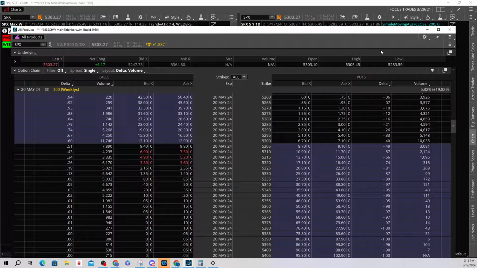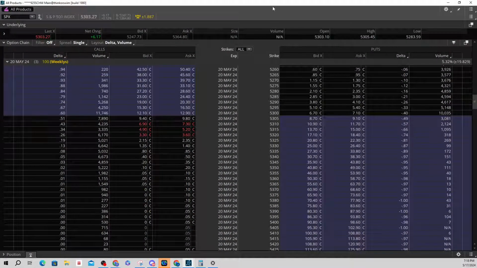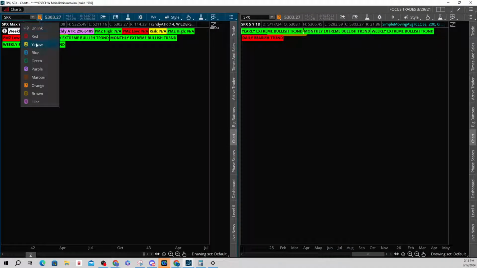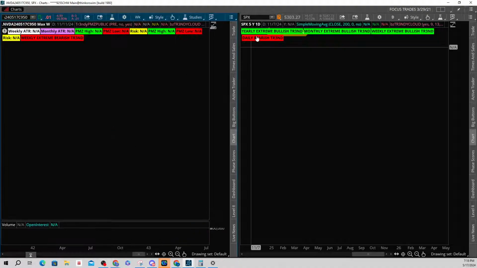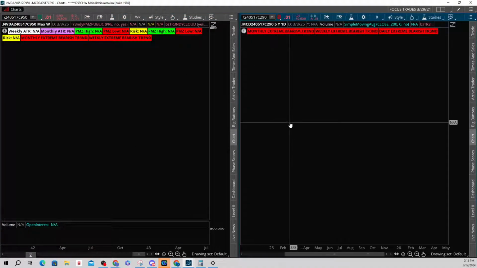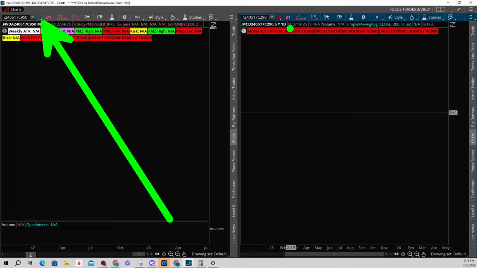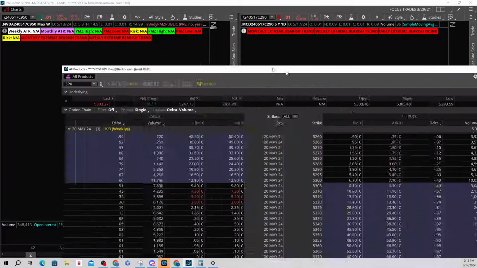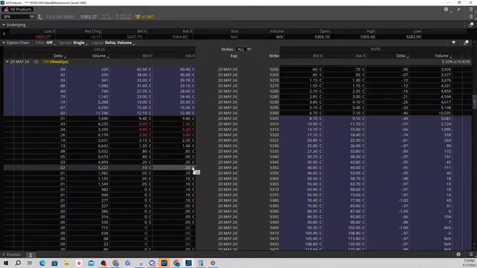All right, so we have that chart and we can do this two different ways. Let's say I'm going to make this one green and this one red. The idea is that I can load calls into the green and puts into the red. So we're going to come back over here and right click on the ask.